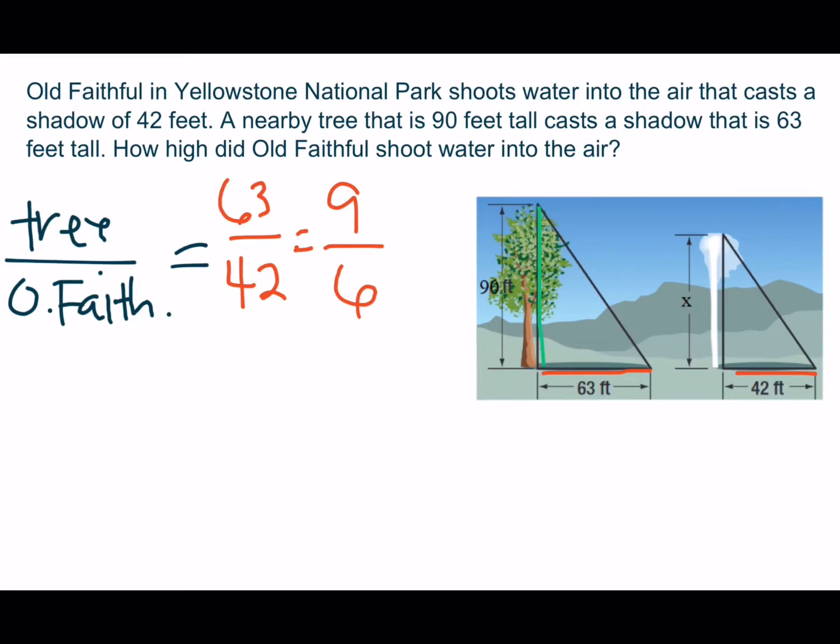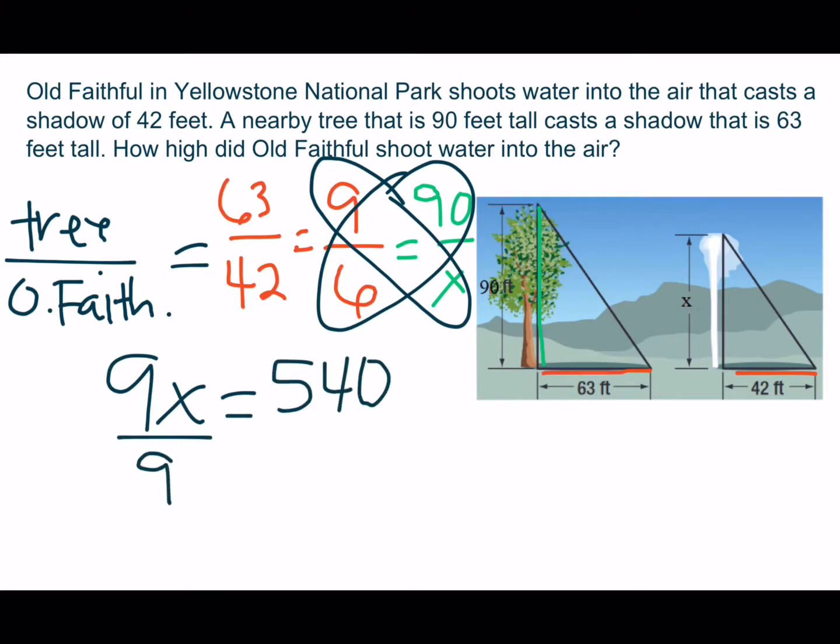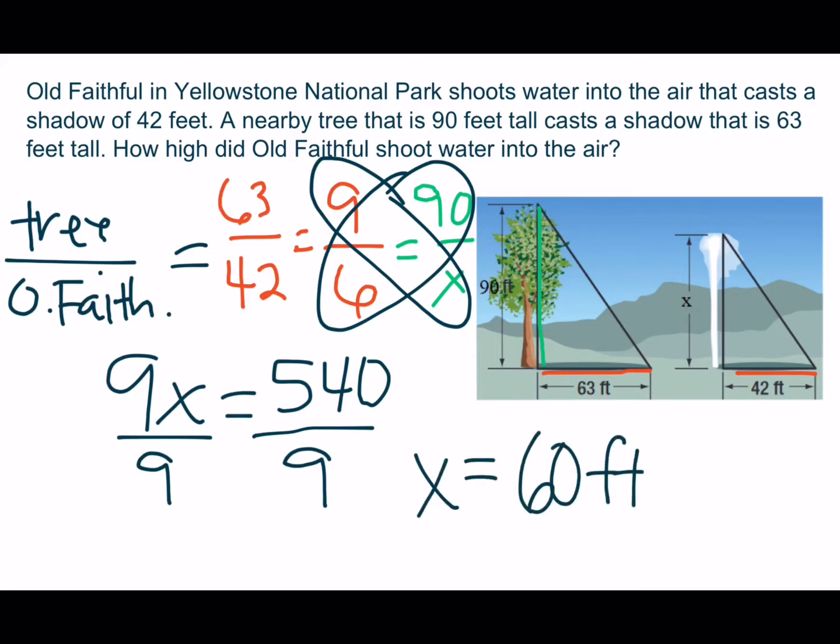The height of the tree is 90 feet. The height of Old Faithful, we do not know. So set up your proportion, cross multiply, and solve. X equals 60 feet. So the height of Old Faithful is going to be 60 feet.